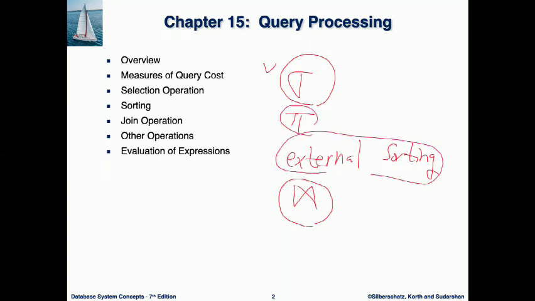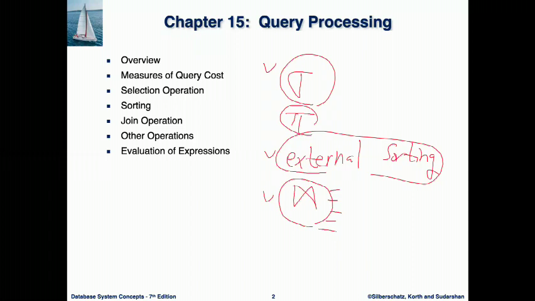So selection, external sorting, join, and in this case, there will be 5 different join algorithms. And you need to be familiar with each different algorithm. And you also need to be able to estimate the running time of each algorithm.